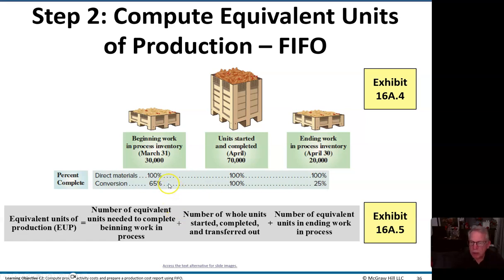So if I'm at 65% in beginning work in process, that means that I have 35% left to complete. Then we have the number of units started, completed, and transferred out. And finally, the number of units in ending work in process here at 25%.